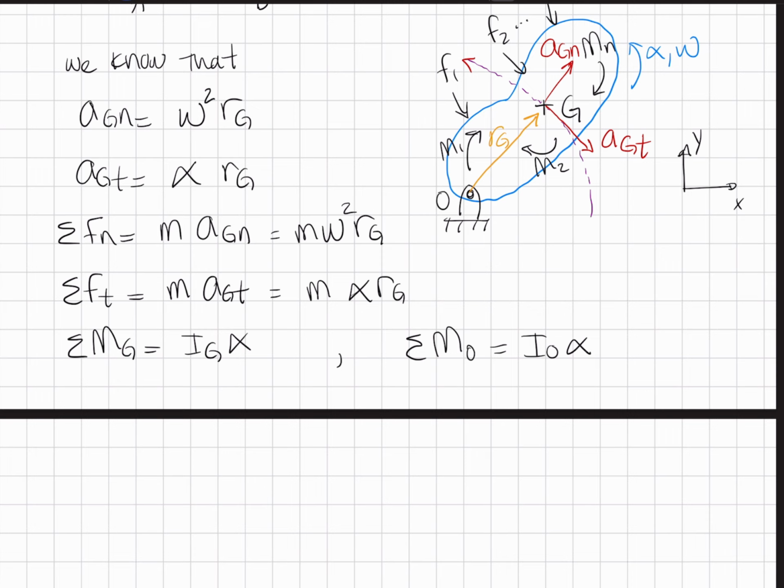If you're doing sum of moments about a different point, your mass moment of inertia will change. You will have to recenter the centroid axis using parallel axis theorem. So for the second relationship, this is the axis that we're talking about, and it's an axis that's coming out of the page. So if you're looking at your computer screen, the axis is coming right at you. So that's what that is.